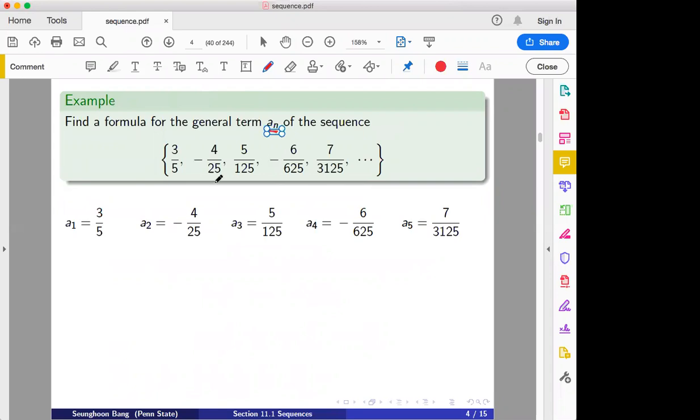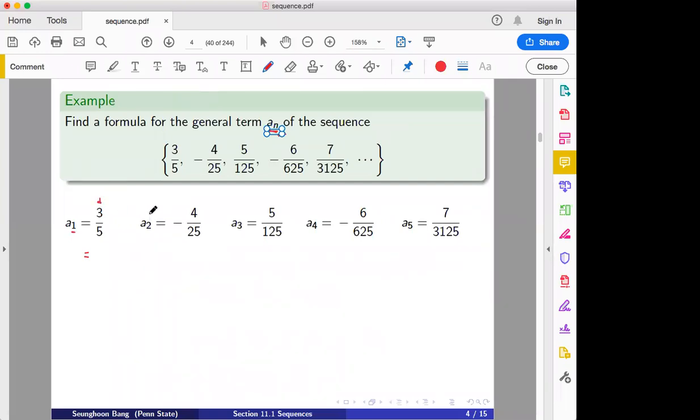You need to find some relations. What is the relation here?